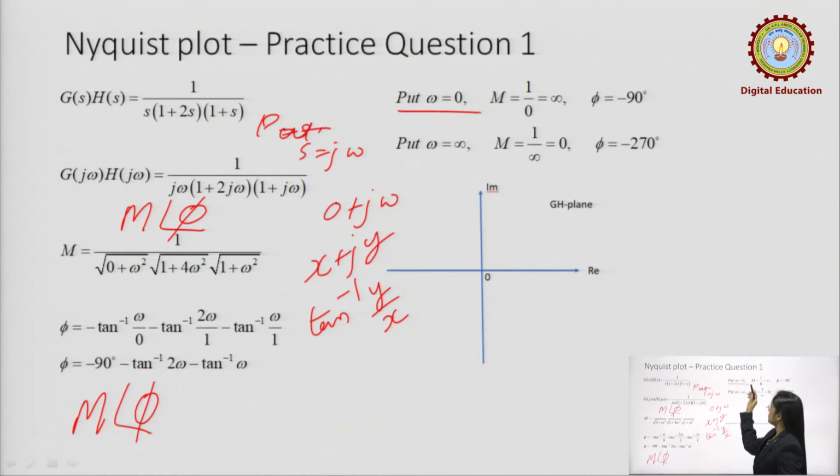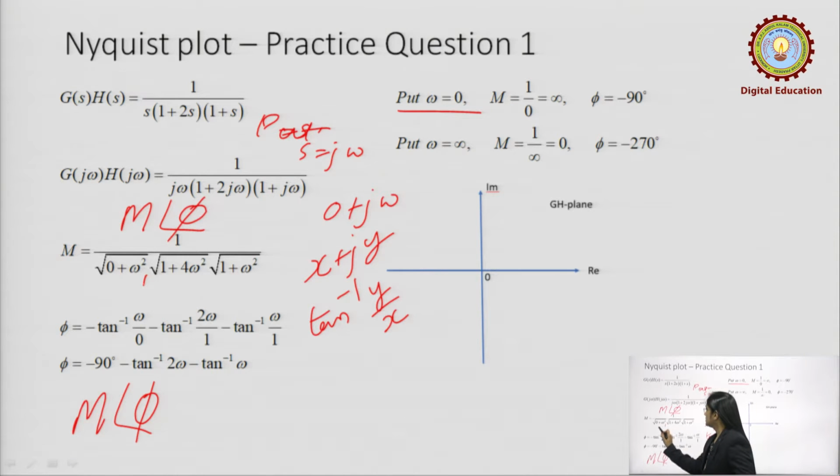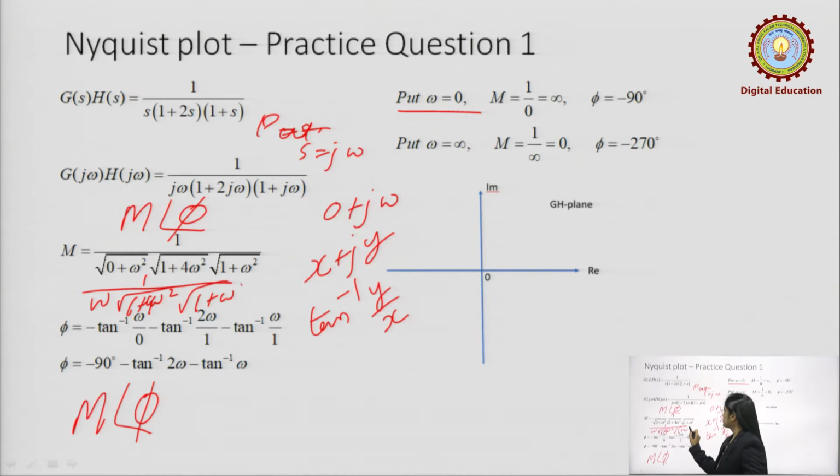We put omega is equal to 0 in the magnitude, and since we have one omega term in the denominator, the magnitude is infinite at omega equal to 0 and the phase angle will be minus 90 degree.